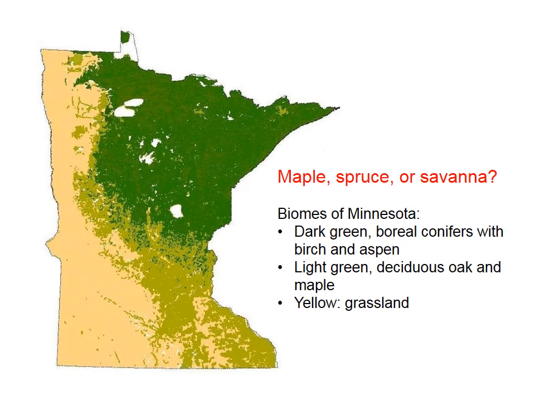This is the boreal and birch forest of the north. And the question is maple, spruce, or savanna? Interesting question. Can much of that forest in northern Minnesota turn over to either from a boreal spruce, fir, and pine forest over to a maple forest, or even over to grassland or savanna?